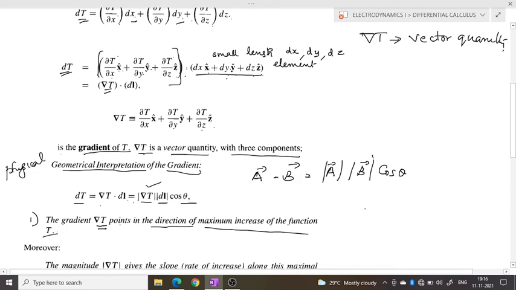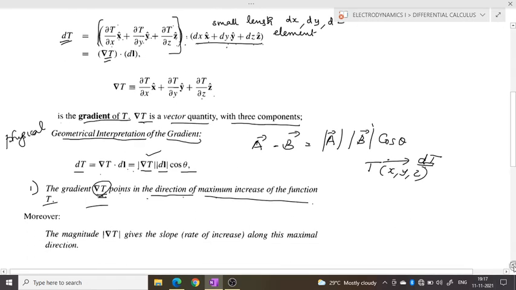Since t has 3 components x, y and z, in what direction does t change by an amount dt which has a maximum value? That direction is represented by our gradient del t direction. So del t points in the direction of maximum increase of the function t.